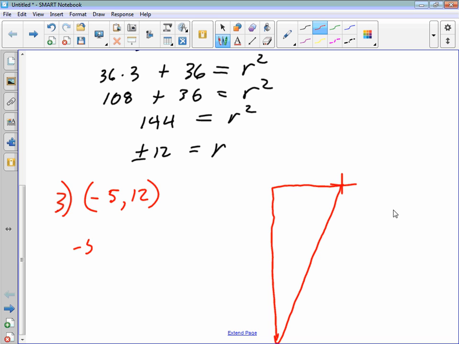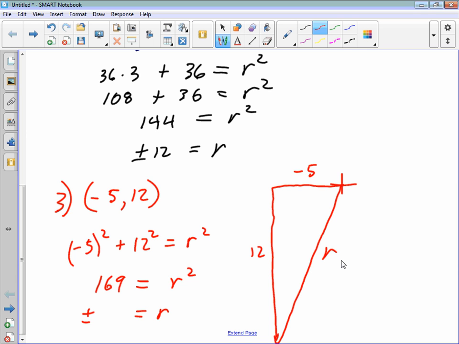So once again, (-5)², use parentheses, plus 12 squared equals r squared. And that is going to come out to be 169 equals r squared. And square root of that is 13. I knew that already because it's a 5, 12, 13 triangle. It's a Pythagorean triple. So r equals plus and minus 13.